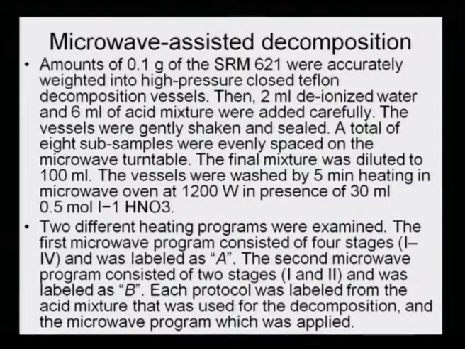So, 2 different programs were carried out as I mentioned in the earlier slide, and it was compared which method, whether the method A with 4 steps or the method B with just 2 steps, is better for the complete digestion of this standard reference glass sample.